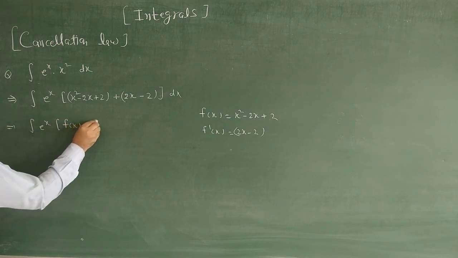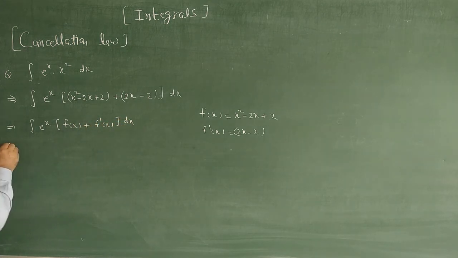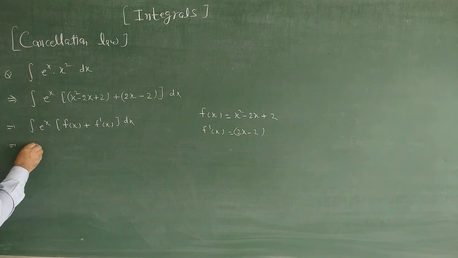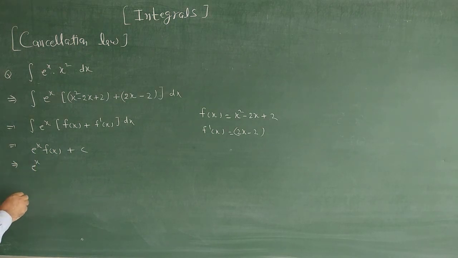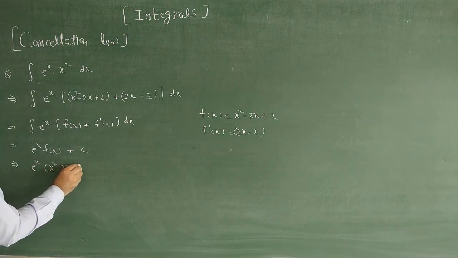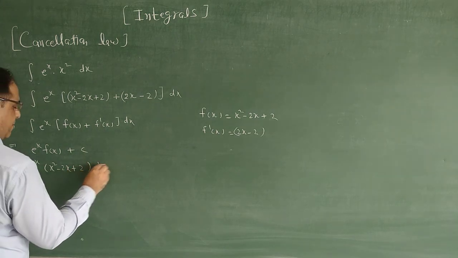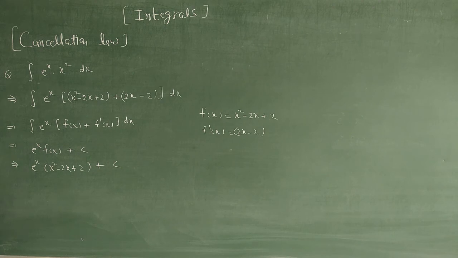So the question now becomes e to the power x times (f(x) plus f dash x) dx, and this becomes e to the power x f(x) plus c. e to the power x f(x) is x square minus 2x plus 2, plus c.